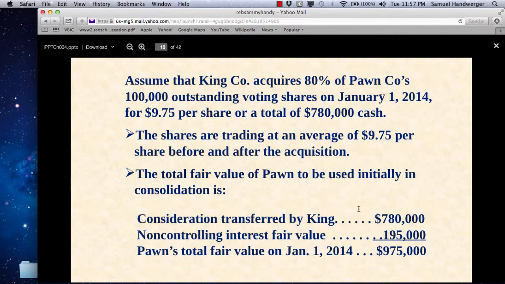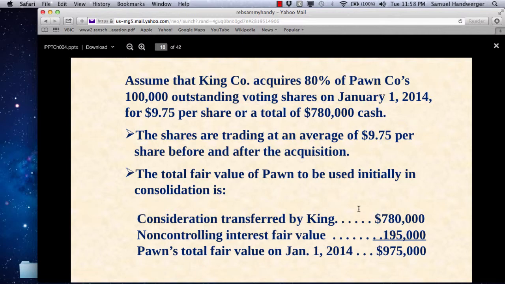Okay, so there is no control premium here. There may still be goodwill, depending on what is the net identifiable assets, or shall we say identifiable net asset value, of the underlying assets and liabilities of Pawn. But let's move forward before we find that out.